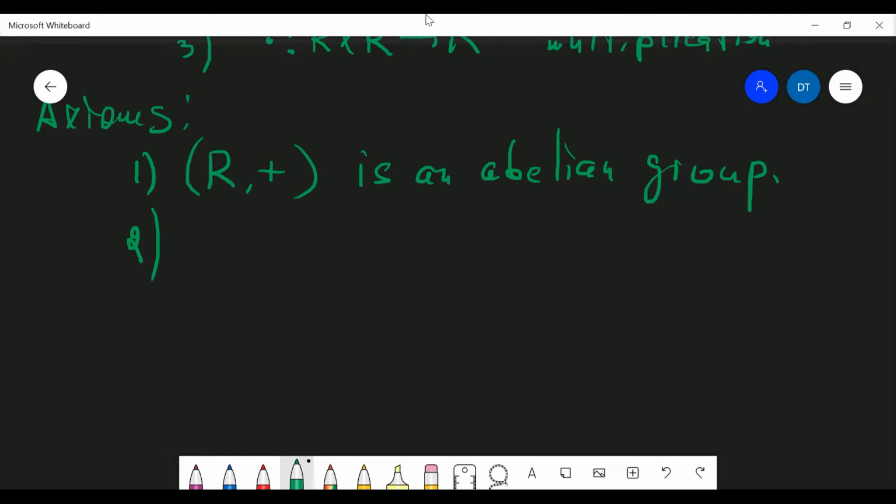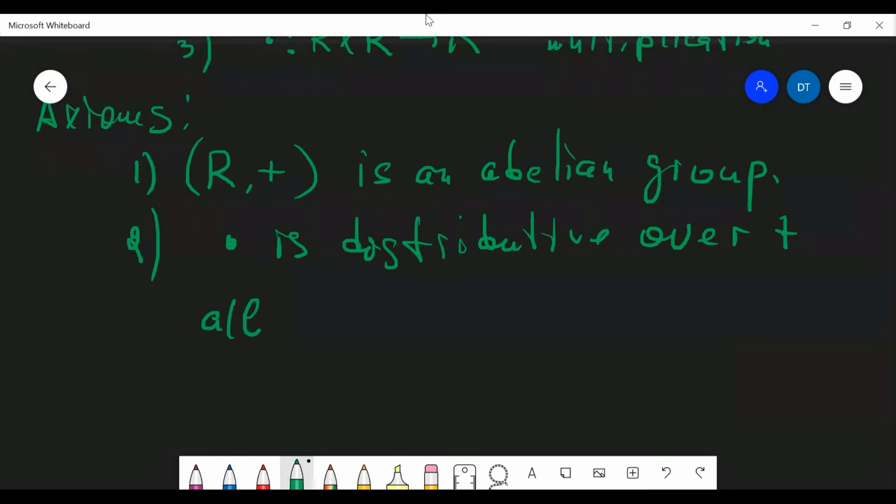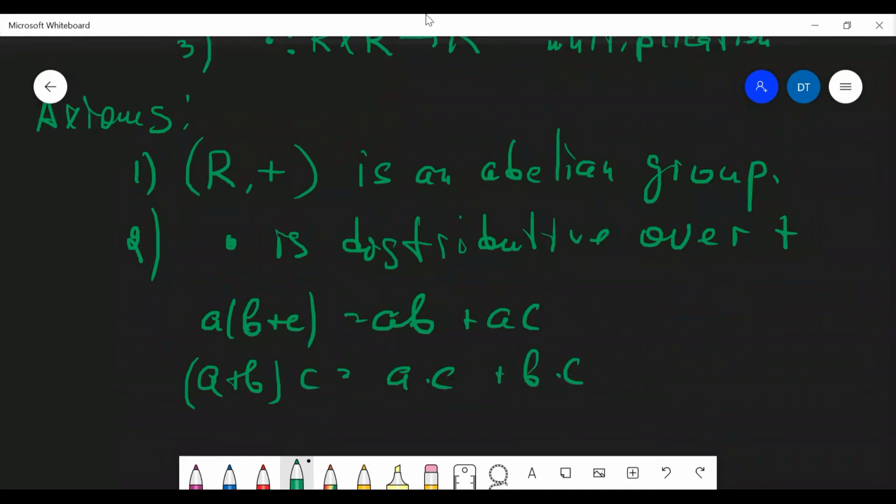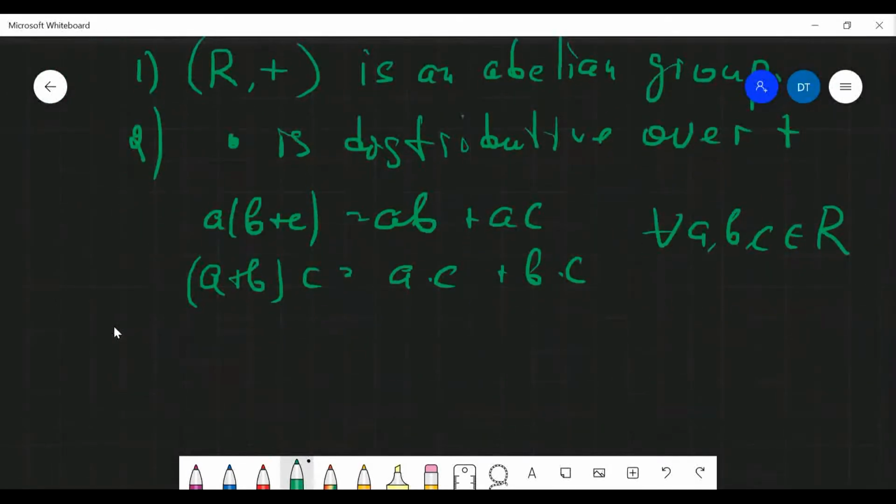Multiplication must be distributive over addition. This means that A times (B plus C) equals AB plus AC, and (A plus B) times C equals A times C plus B times C for all elements A, B, and C from the ring R. So this is the relation between addition and multiplication.